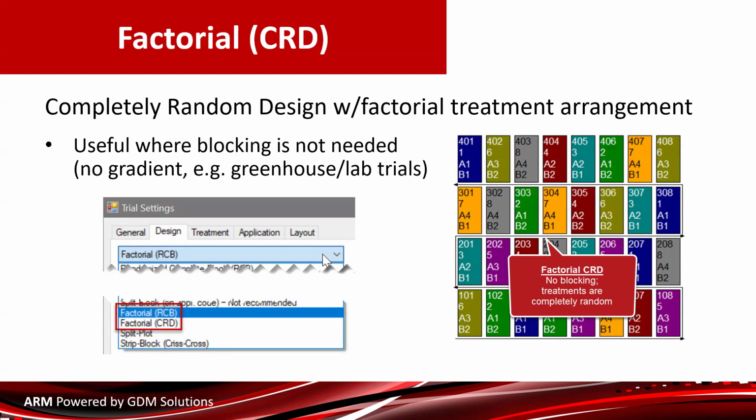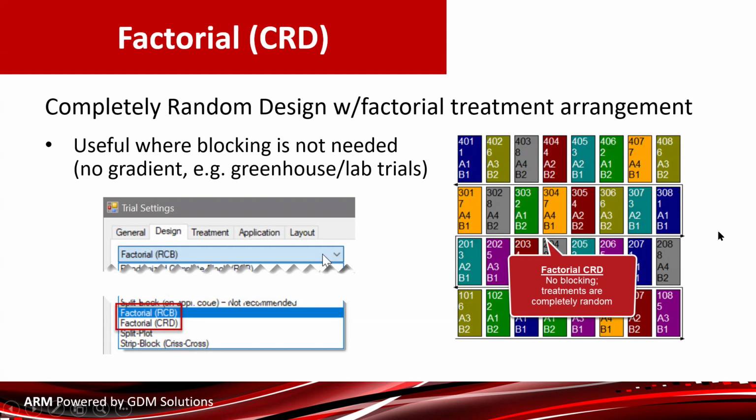If we don't think that there's any gradient, if we're in a greenhouse, if we're in a lab where there is no need to create those blocks, we can make a CRD, a completely random design, just with the fact that the treatments are still arranged in that factorial combination.